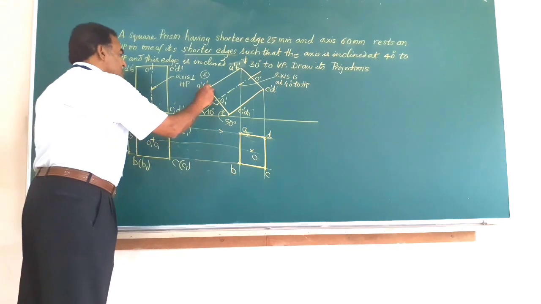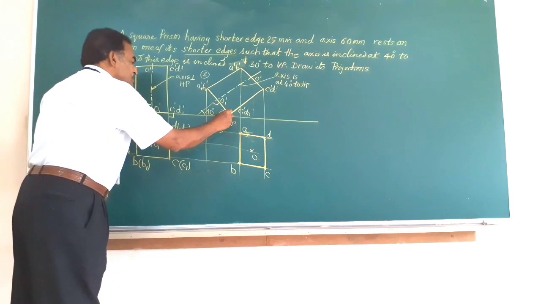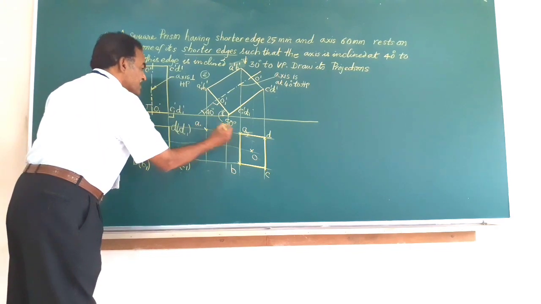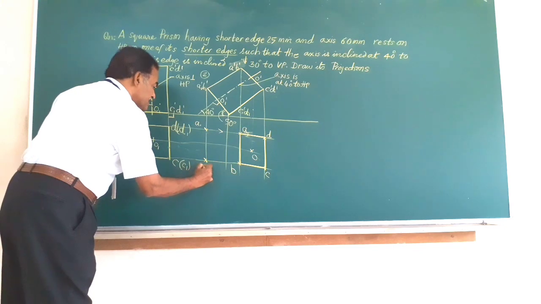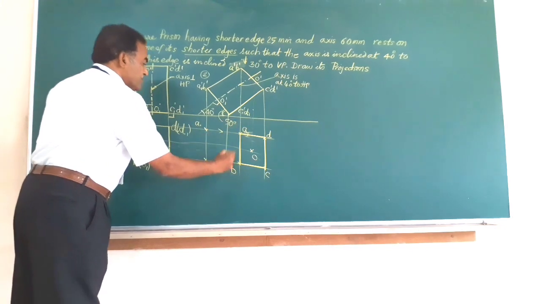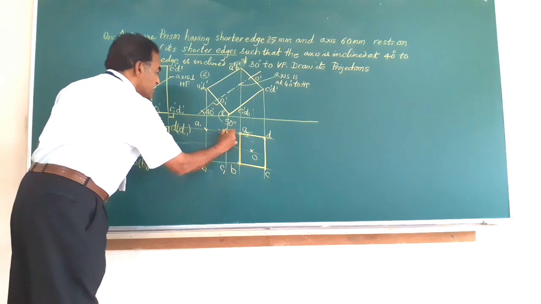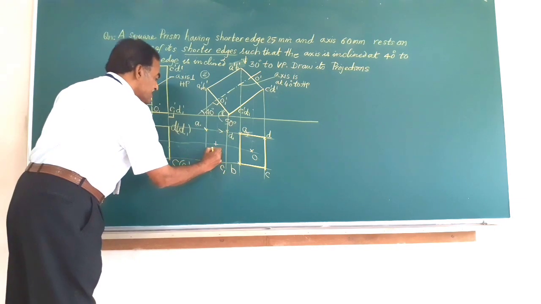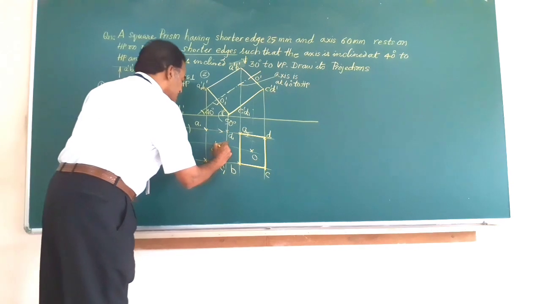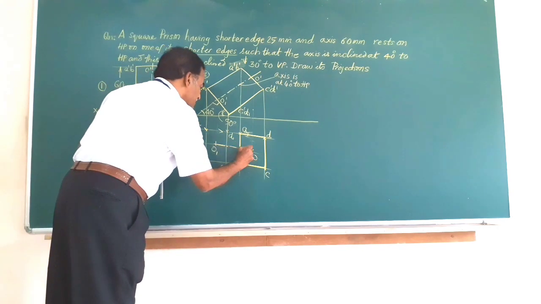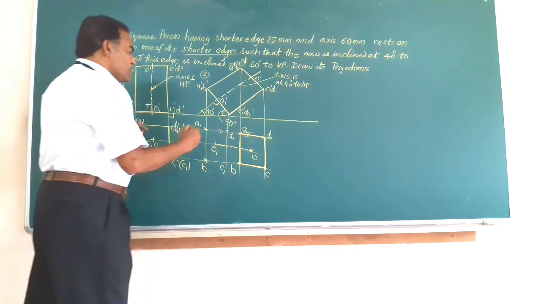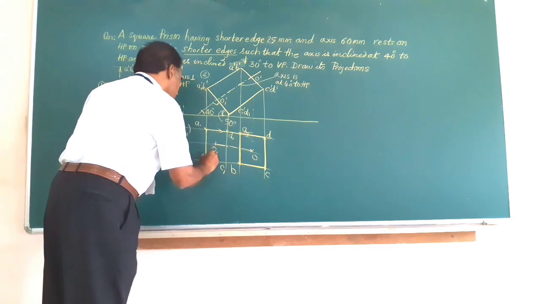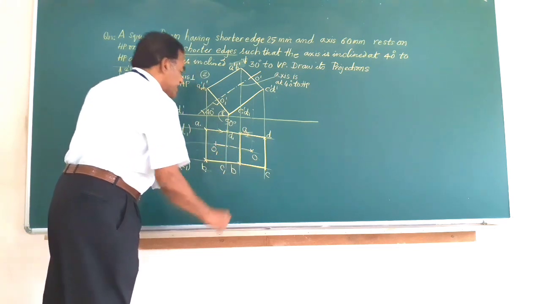So let me get all those points by following the same procedure, and here we are getting A1, this point is going to be B1, then you get C1, D1, and exactly in the center of this you get O1. O1 represents the axis of the solid. Now as per the rule, all the border lines are visible. I am going to show all the border lines by visible lines, by dark lines.